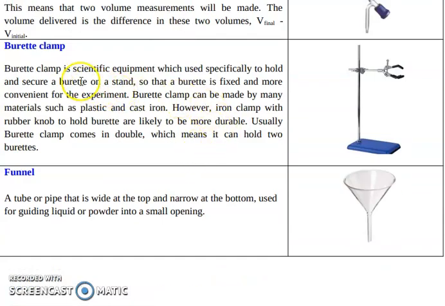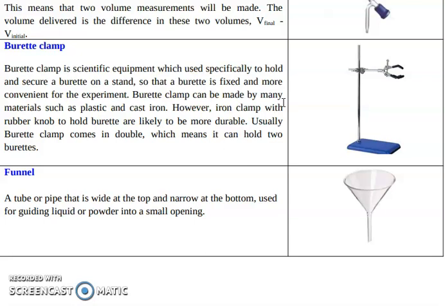Now look at the burette clamp. Burette clamp is scientific equipment used specifically to hold and secure a burette on a stand so that the burette is fixed and more convenient for the experiment. Burette clamp can be made of many materials such as plastic and cast iron.